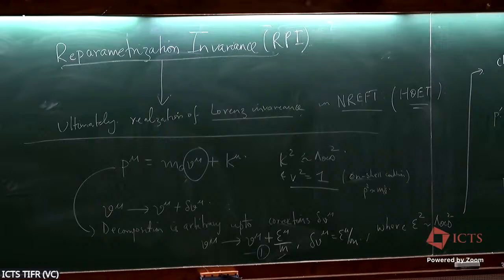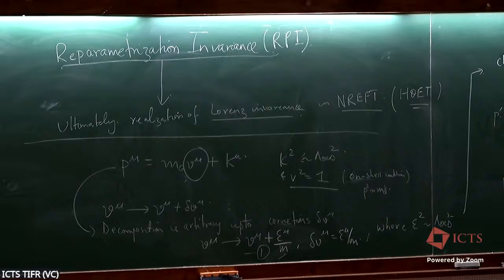Now I will describe NRQED, but really it will be quick. In HQET, I have only systems with one heavy quark. But now I want to describe systems with two heavy quarks, something like charmonium or bottomonium systems, or even exotics in general. So things change there.